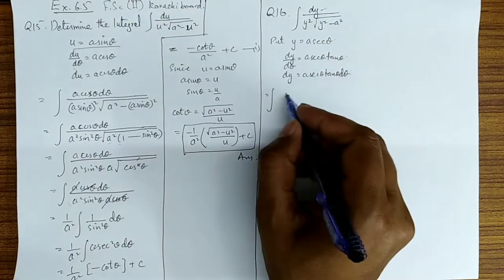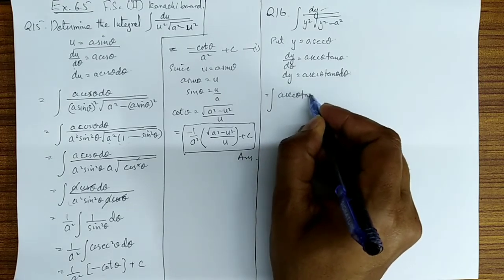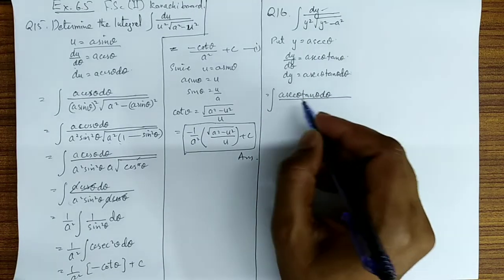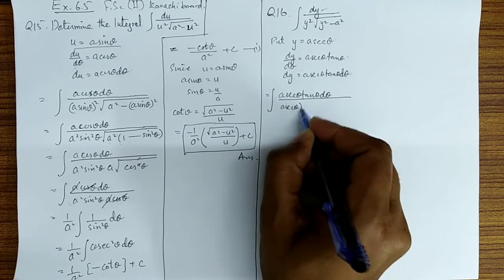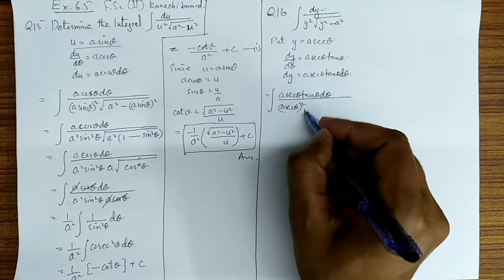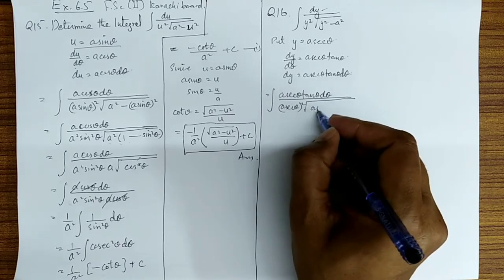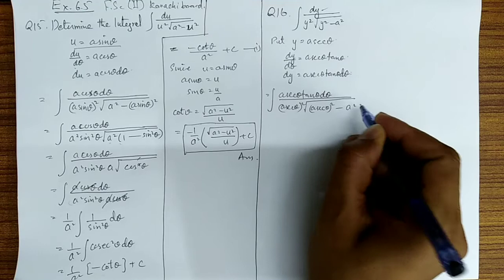Dy is equal to a sec theta tan theta d theta whole divided by the square root of, what is the value of y? That is (a sec theta) whole square minus a square.